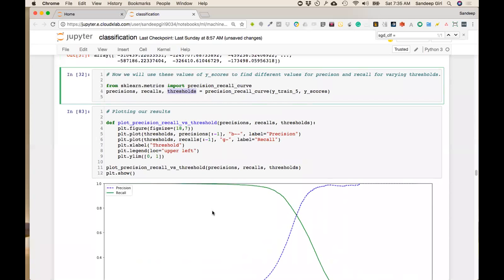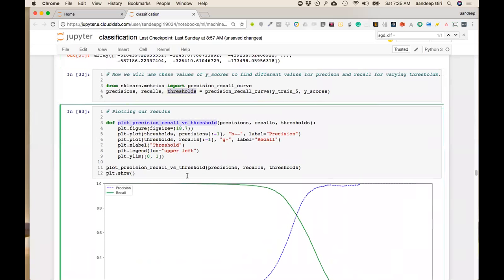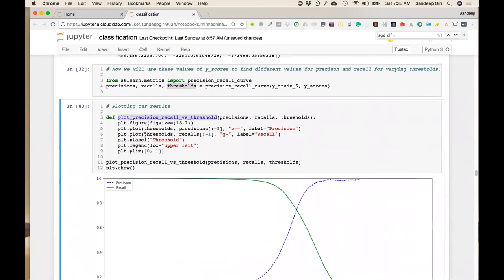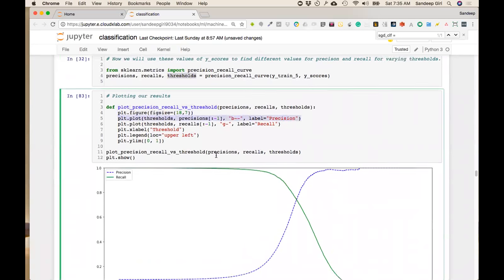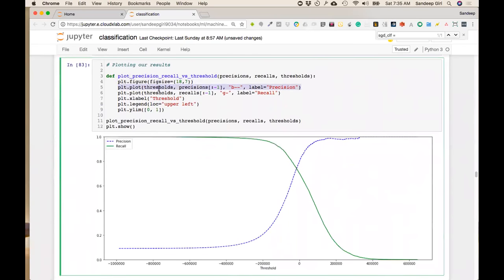So let me show you. Here we are basically defining a function which can plot the recall rate. This function first sets the size of the figure and then plots these. Threshold is on the x-axis and precisions on the y-axis. We are removing the last one, colon -1. Then we are putting a label on it.